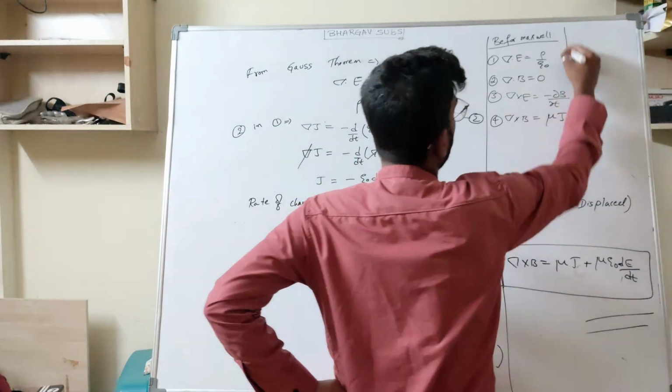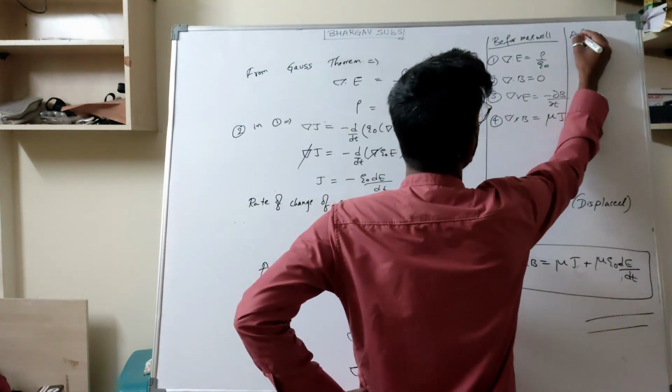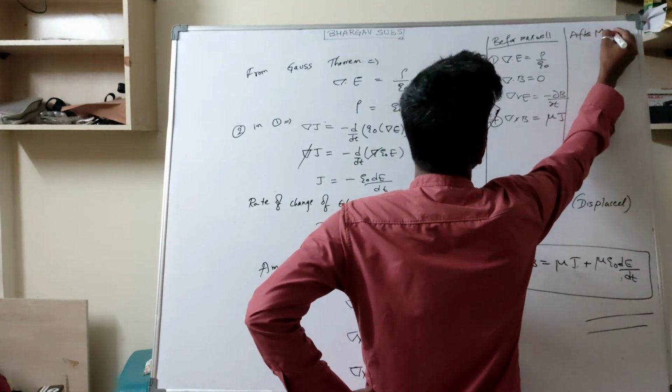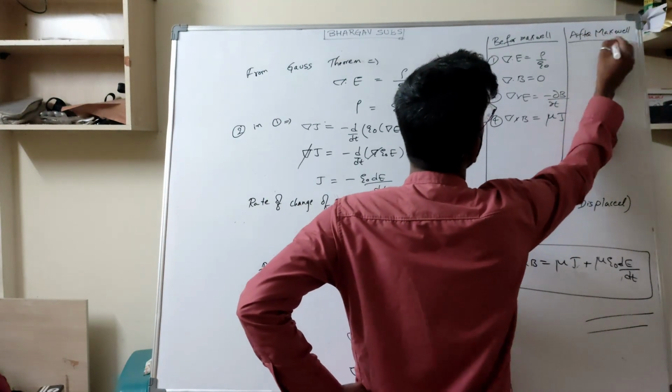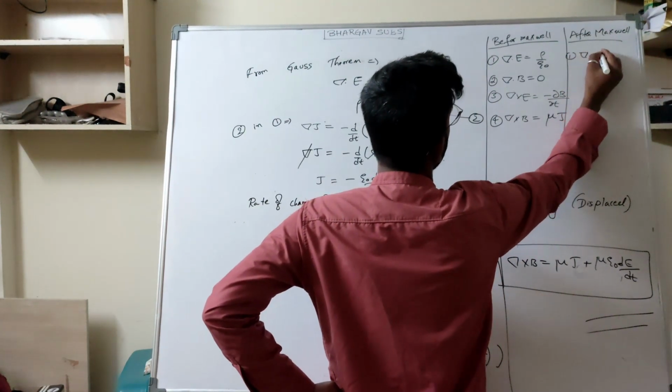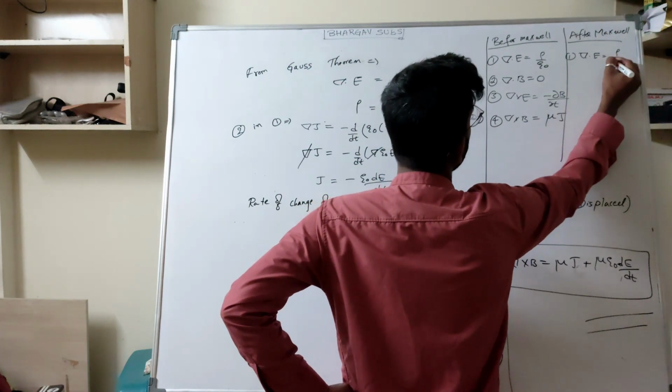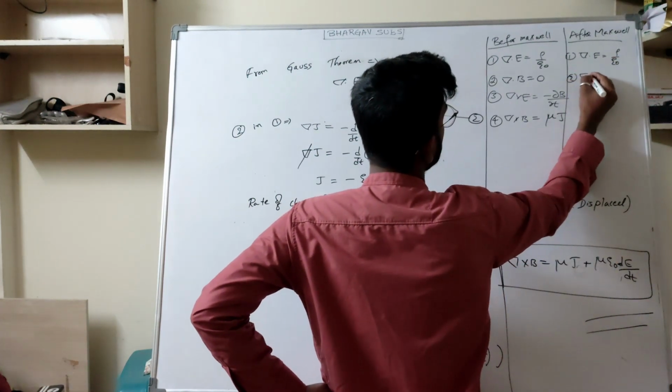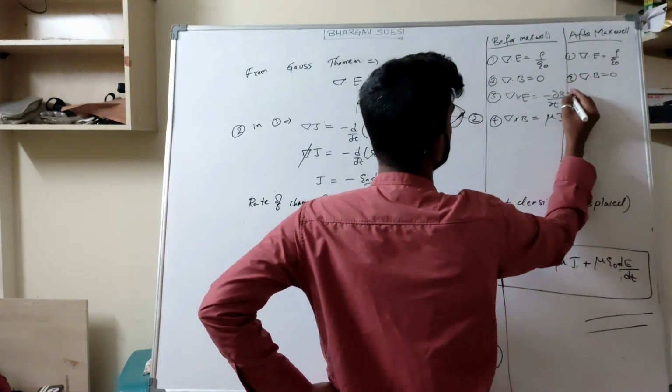Now after Maxwell, what did we get? First one same, divergence of E is equal to rho by epsilon naught. Second one same, divergence of B is equal to 0.